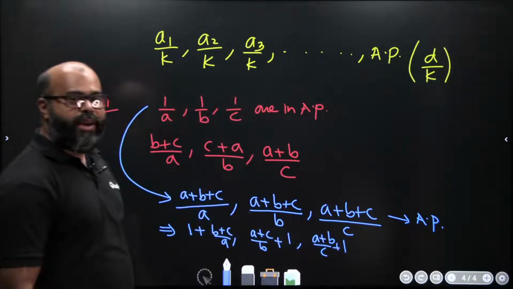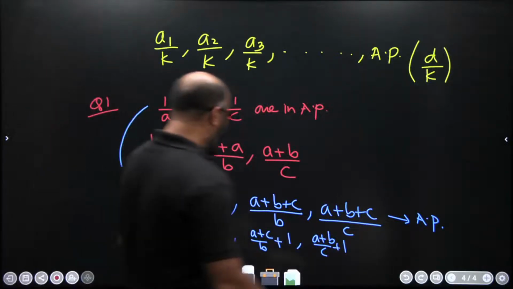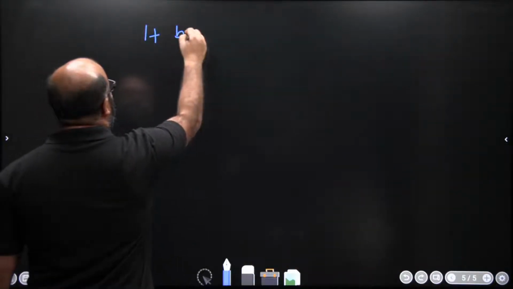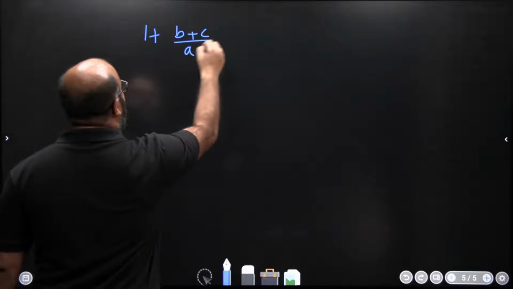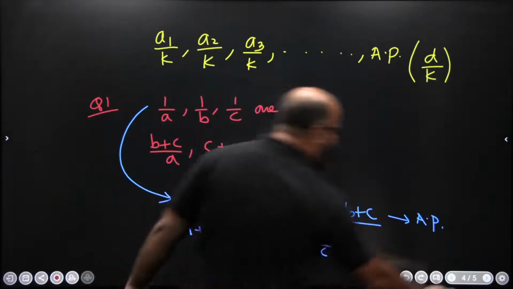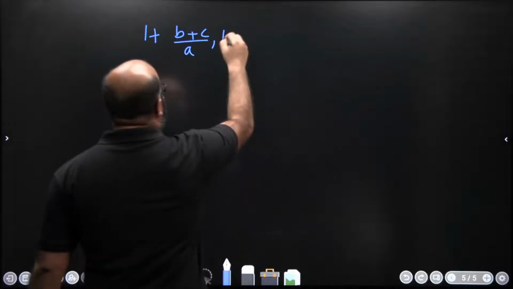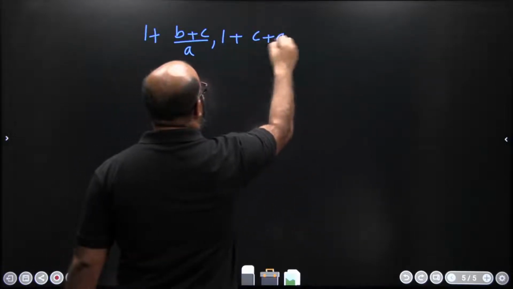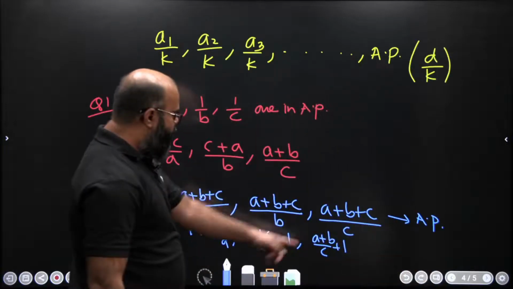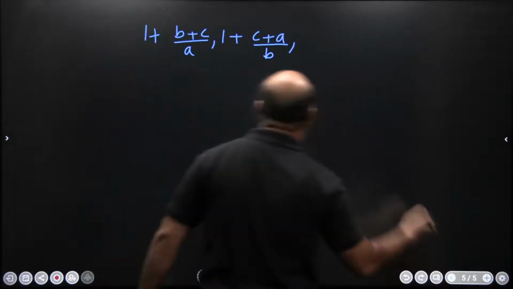So this is how we can write it. What we are getting: 1 plus (b plus c) by a is the first one. Next one is (a plus c) by b plus 1. Next one is 1 plus (a plus b) by c.